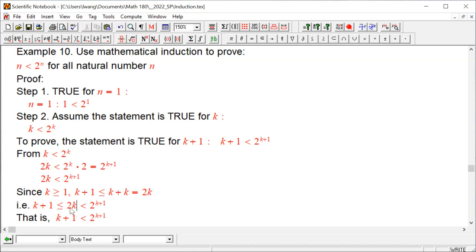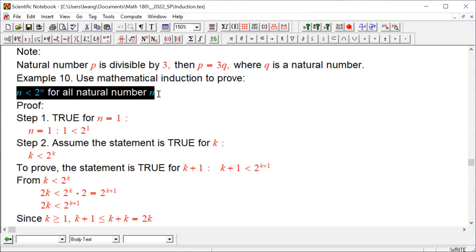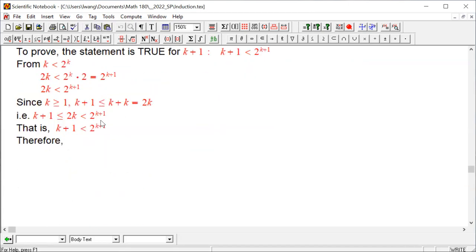Therefore, we can use this relationship to prove it for k plus 1. So now we have proved it. This identity is actually pretty useful in Calc 2. Therefore, we can say that this is proved.